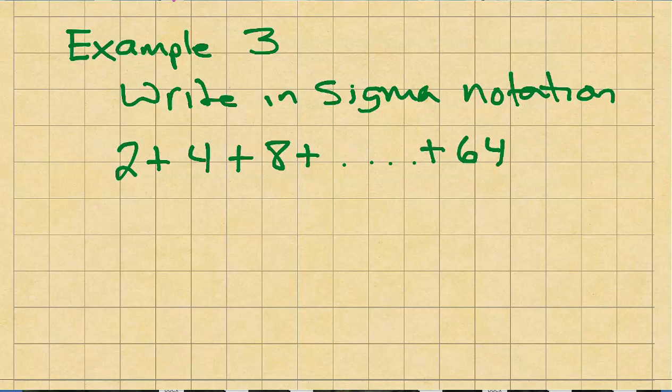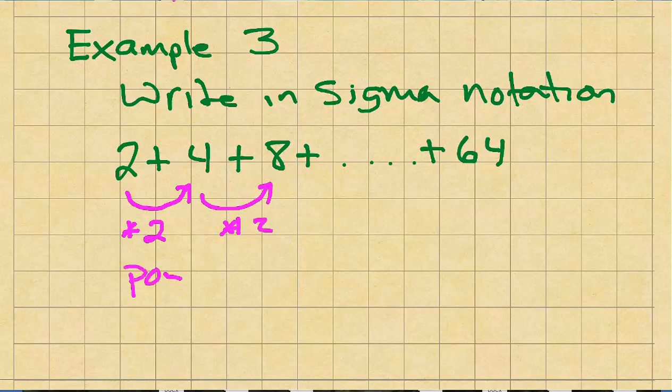When you look at this one, what's happening each time? It looks like every time we're multiplying by 2. These are powers of 2.